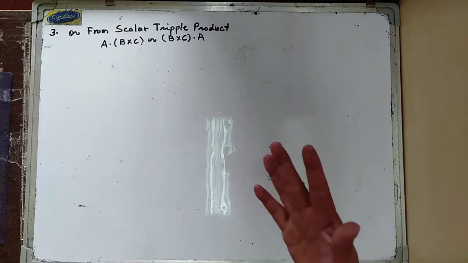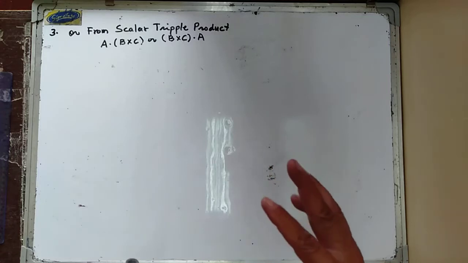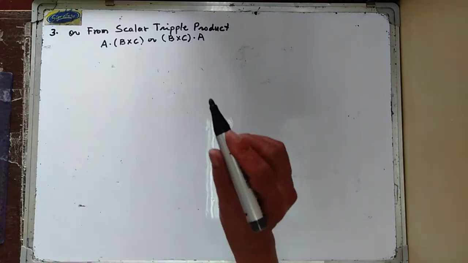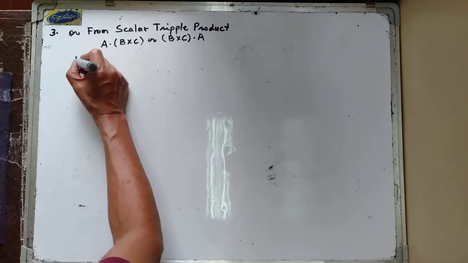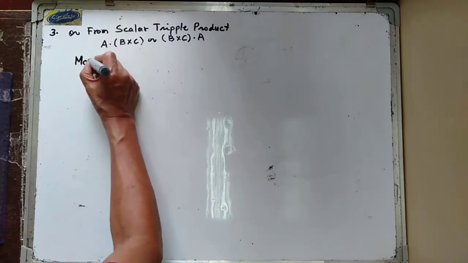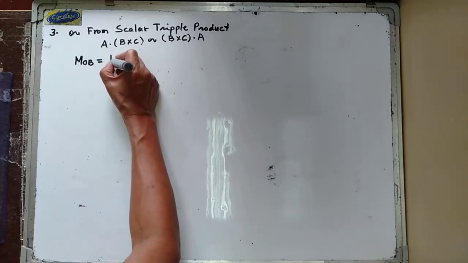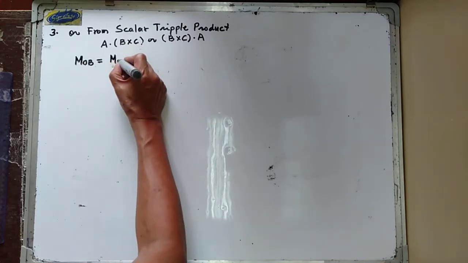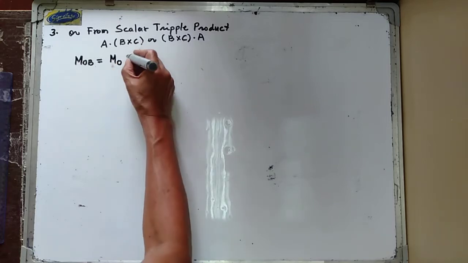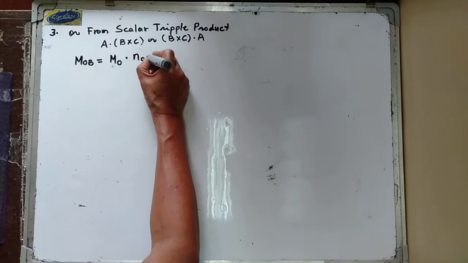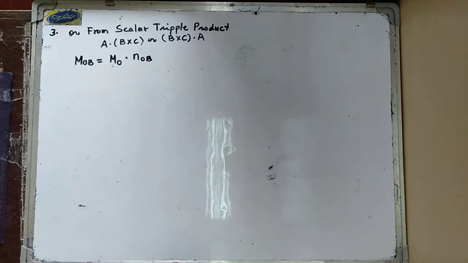So let us apply what we did. Your MOB is equal to the moment of the vector F about point O dot a unit vector OB.